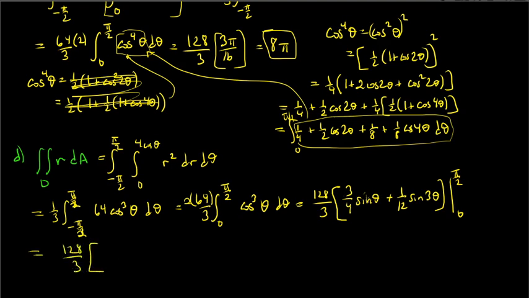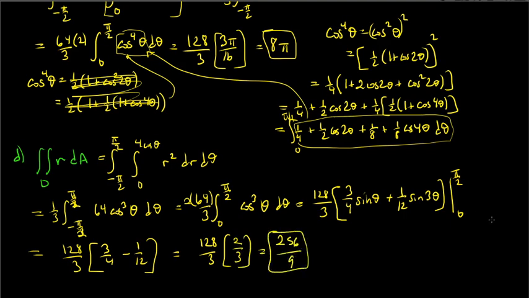So sine of pi over 2 is 1, sine of 0 is 0, so you're just going to get 3/4 plus, yes, sine of 3 pi over 2 is negative 1. So this will be minus 1/12 minus 0. Okay, so I think we get times 3. So 8 over 12, which is 2 over 3. So I think we get 256 over 9. Okay, good enough.